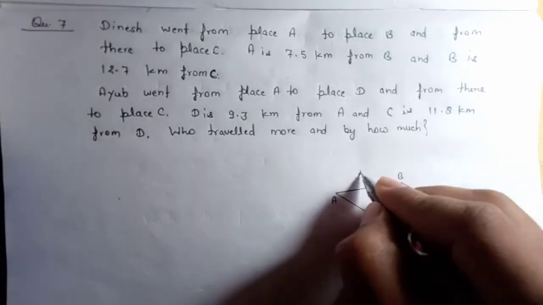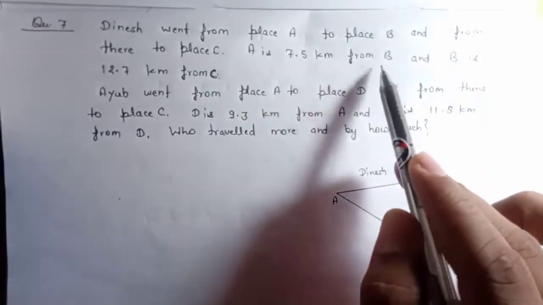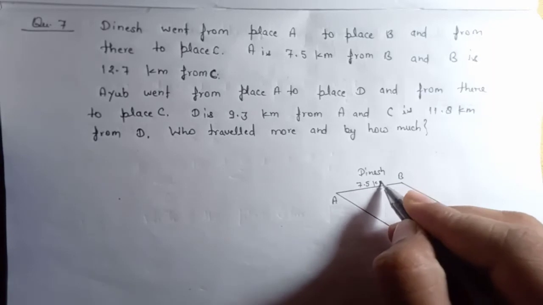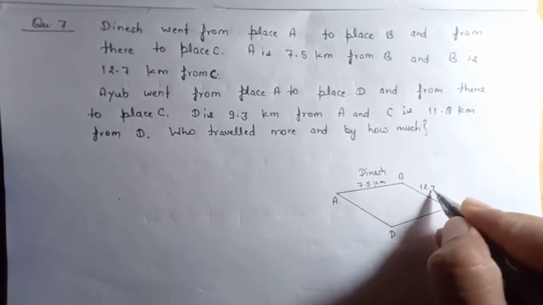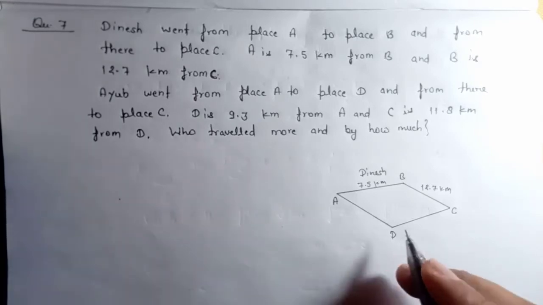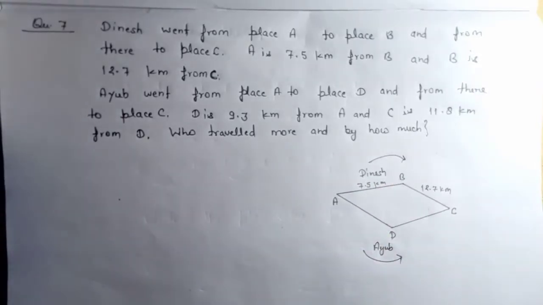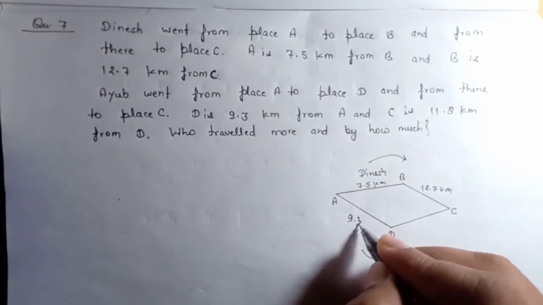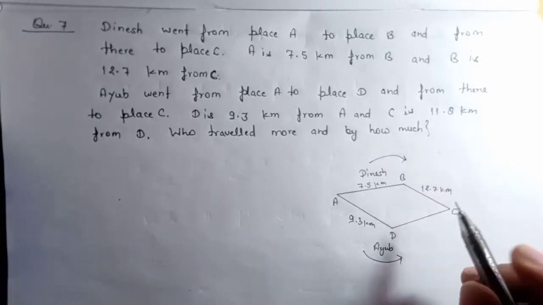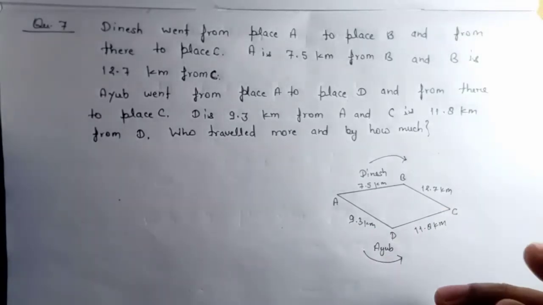So Dinesh travelled from A to B, and this distance is 7.5 km, and B is 12.7 km from C. Ayub went from A to D, then from D to C. D is 9.3 km from A, and C is 11.8 km from D. We have to find out which person travelled more.